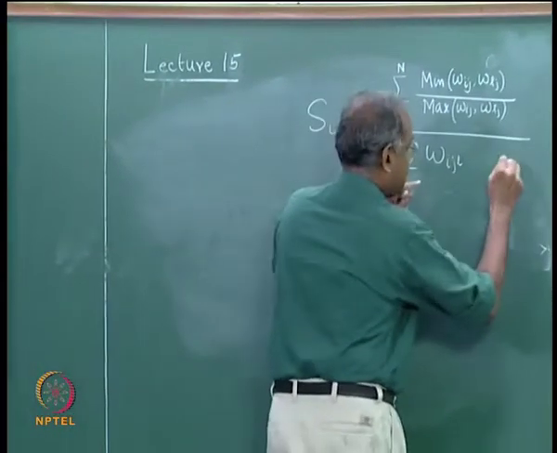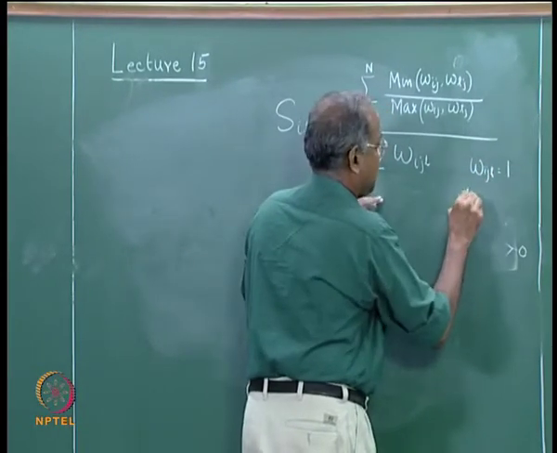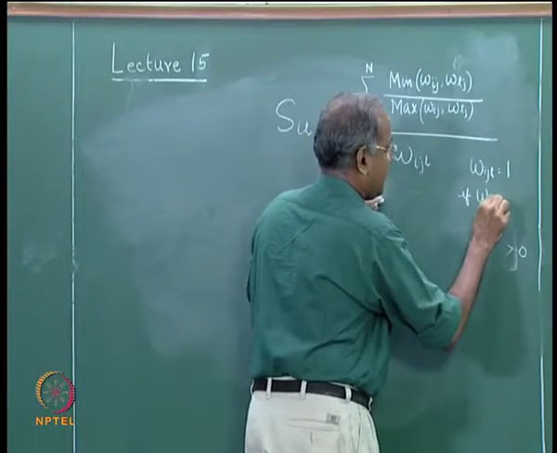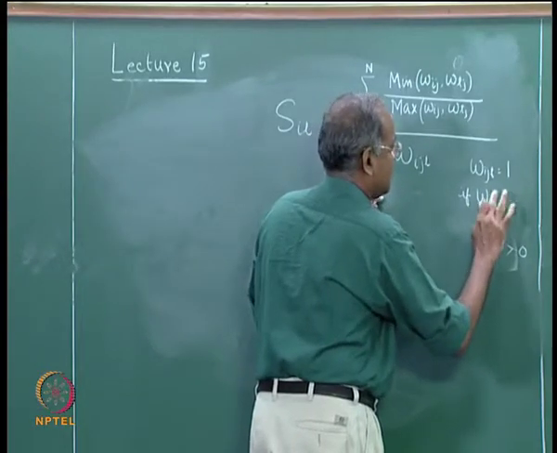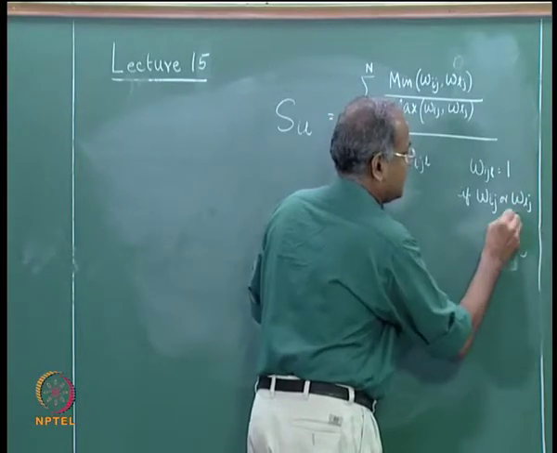Now Wijl is equal to 1 if Wij or Wlj is greater than 0.